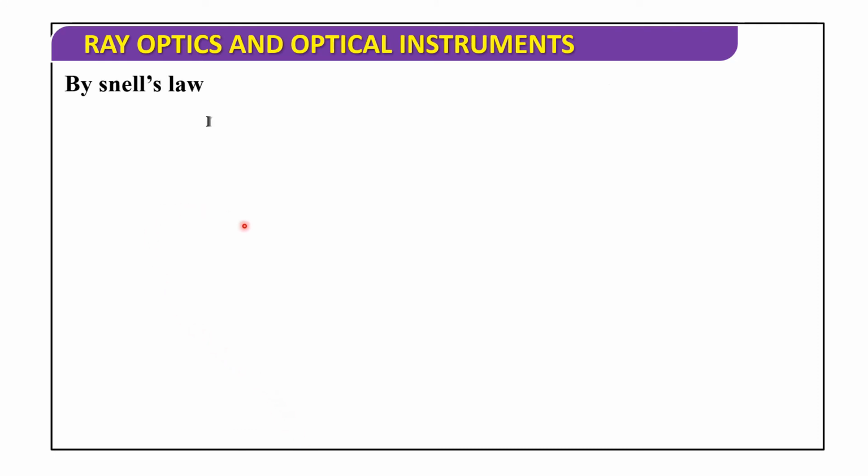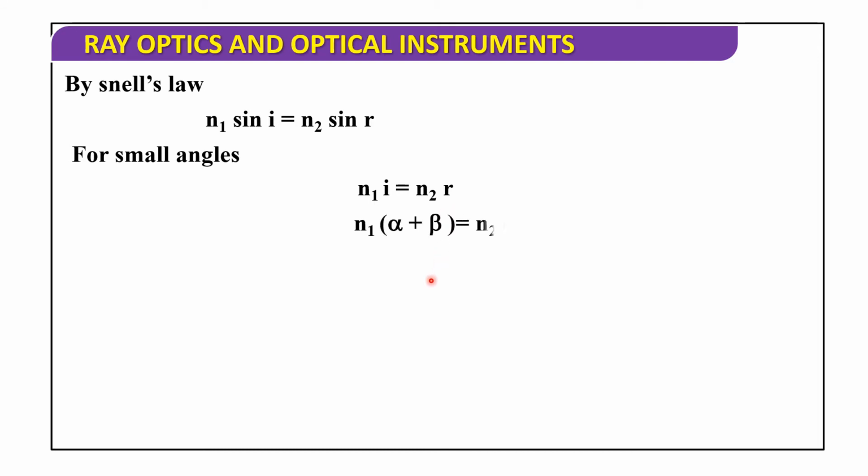Now by Snell's law, n1 sin i is equal to n2 sin r. Here we are taking small angles, so sin i is almost equal to i, and similarly sin r is equal to r. So for small angles, n1 i is equal to n2 r.